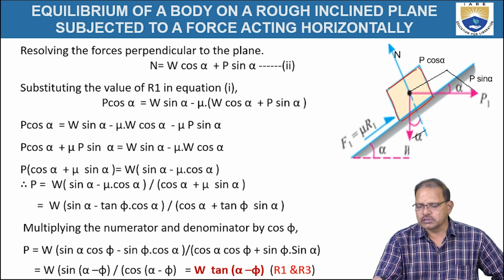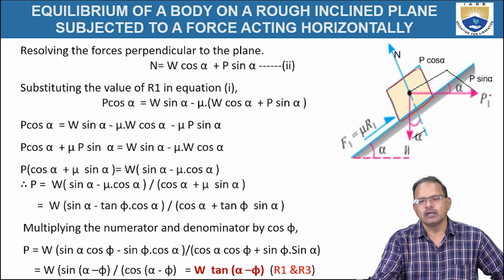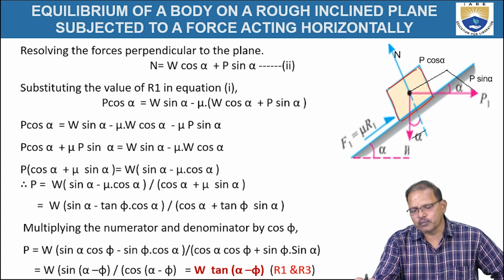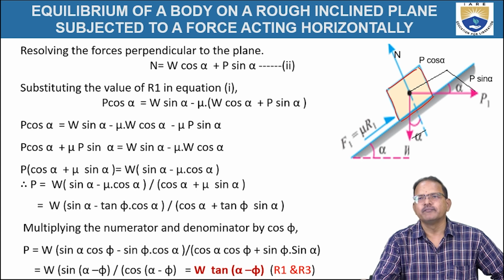Let P be the force which is acting horizontally, so that the body tends to move in the upward or downward direction. Here it is preventing its motion in the downward direction. That means the inclination of the plane is greater than the angle of repose or limiting angle of friction.